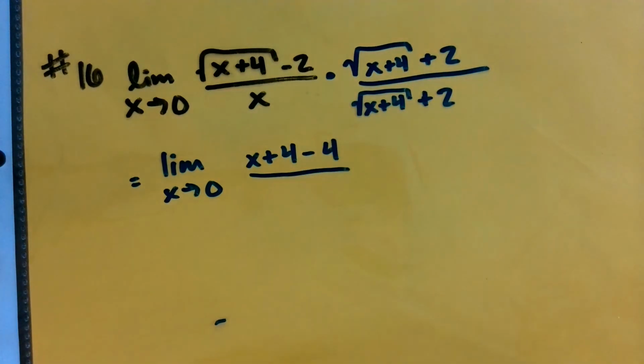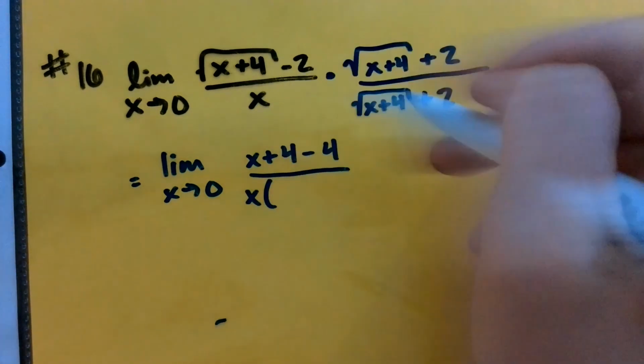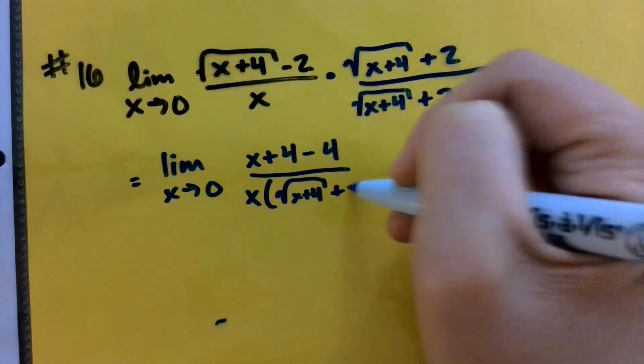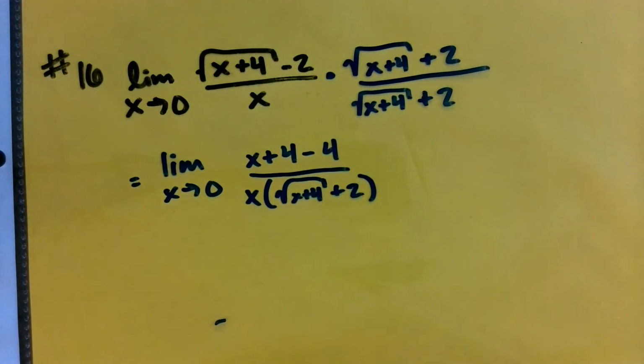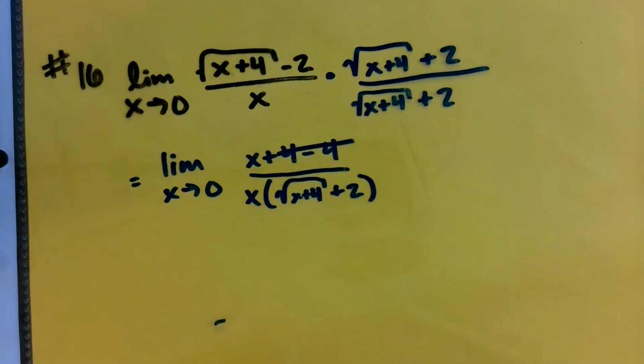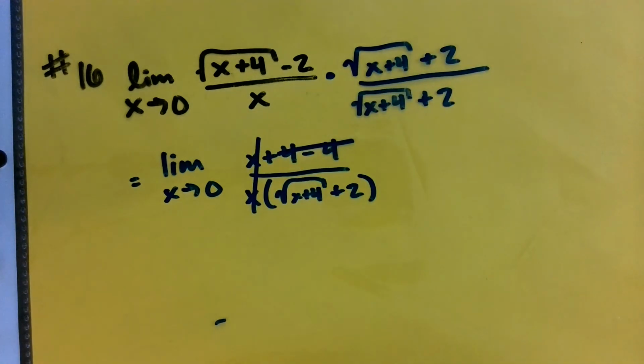In the denominator, I don't want to actually multiply, I just want to kind of mock multiply, where I've got x times this x plus 4 plus 2, because what's going to happen, and you might already see what's happening here, my 4 minus 4 is going to cancel, and then I'm left with only an x in the numerator, where I can cancel it with the x in the denominator.